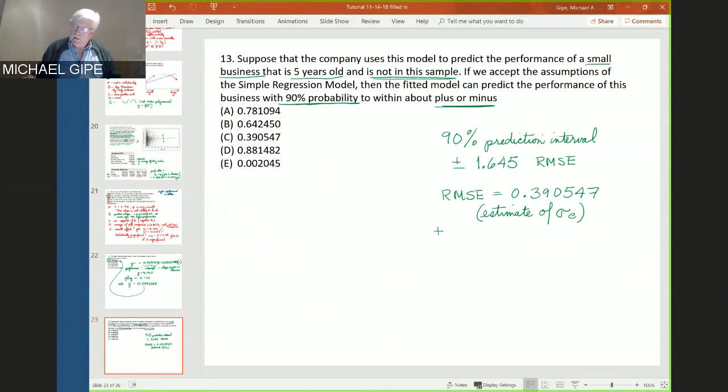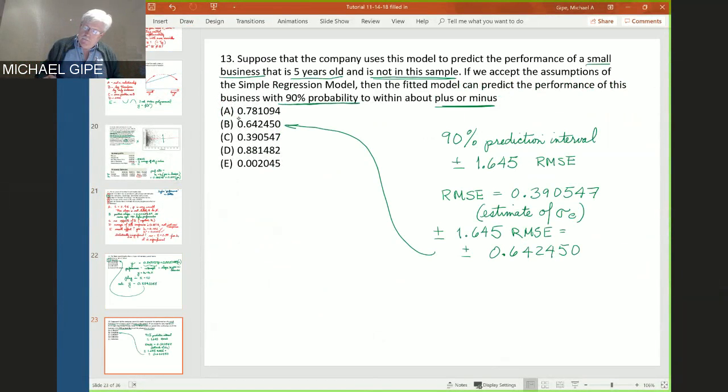So plus or minus 1.645 RMSE equals a range of 0.642450. I think that's right. Double check my calculations if you would. And lo and behold, that number is up here. So B is the correct answer.